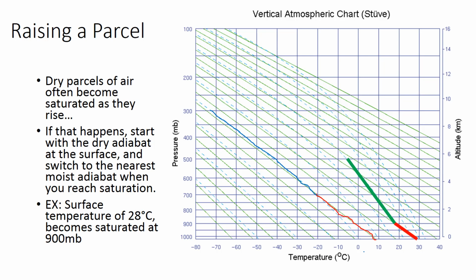Eventually, if a parcel begins to sink, it sinks unsaturated. So, if I were to somehow take this same parcel and drop it back down to the surface, I would want to follow the nearest dry adiabat. It looks something like this.